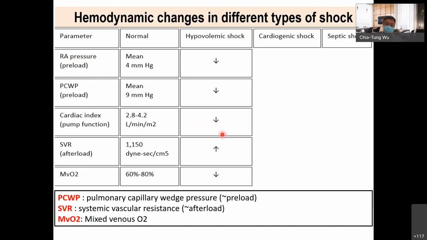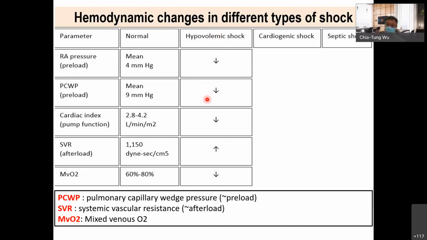Our cardiac index may decrease or remain similar, but because our volume decreases, our sympathetic tone rises. So our distal blood vessels will contract, and the resistance increases. So the shock is due to volume decrease, and the treatment is volume expansion.